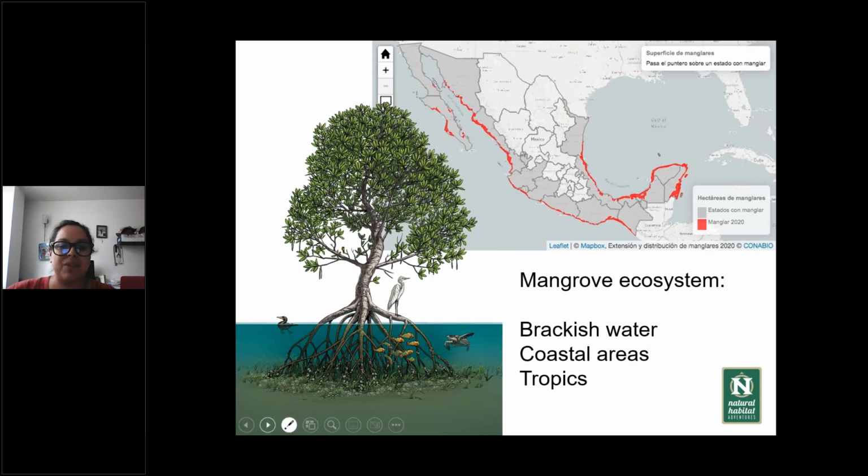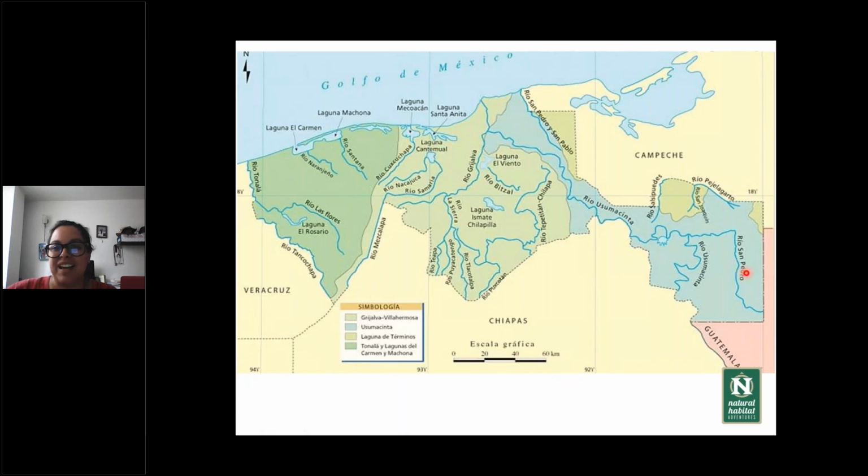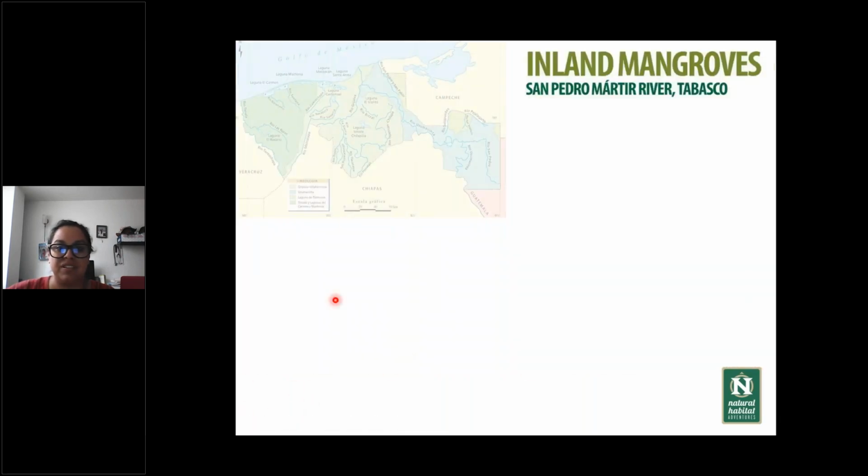So in Tabasco, we have this very special area. We have the Gulf of Mexico here, we have the coast, we have a lot of mangrove in all this area, in Campeche, the Laguna de Terminos area. But then this is the Usumacinta River that I was mentioning. In this area here, you can notice it's far away from the coast.